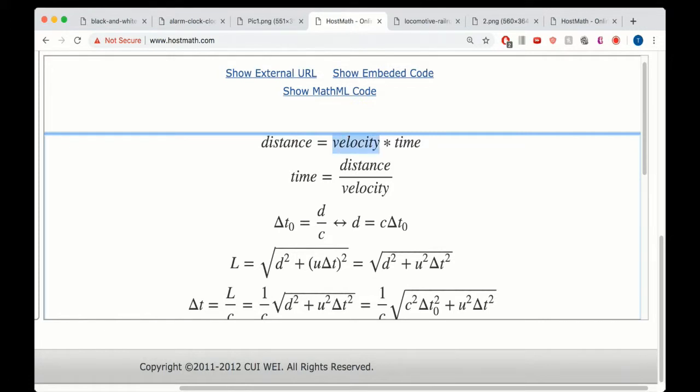Since this velocity term of light is always constant, you'll find effects of time dilation and length contraction. In this case, we'll notice that the time increases in proportion to distance, and vice versa.